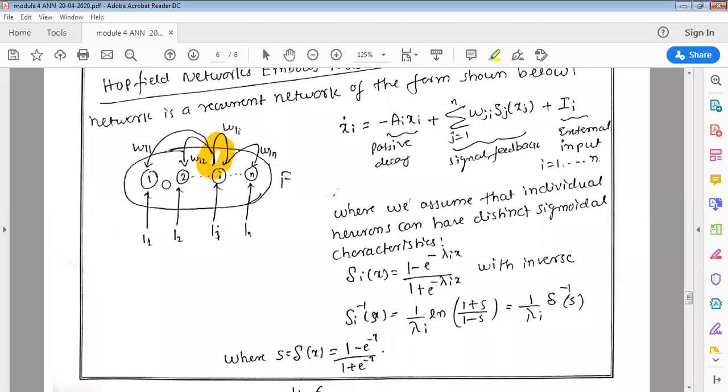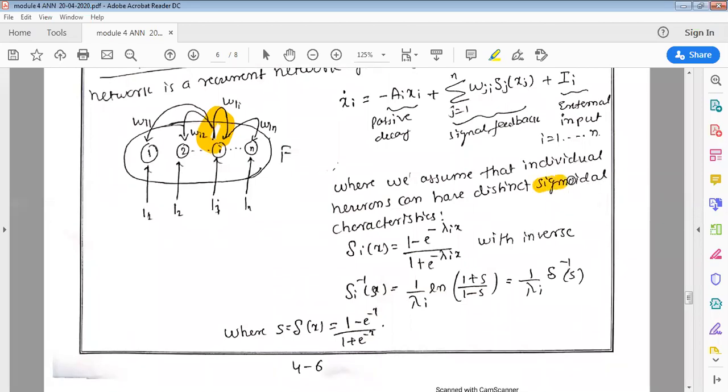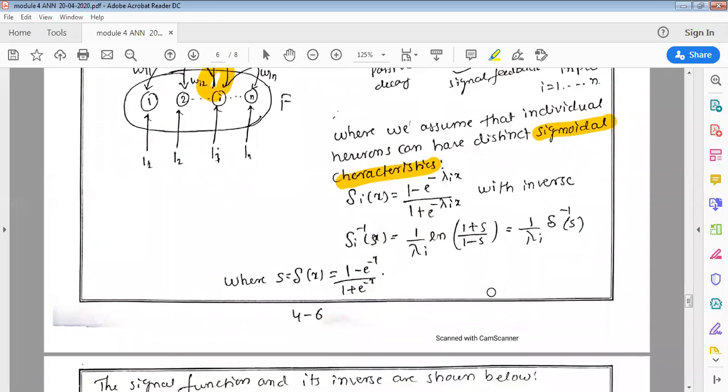The neurons you have, 1, 2, 3, 4, and so on up to n, are not linear neurons. They have sigmoidal characteristics. Any neuron with sigmoidal characteristics will have something like (1 minus e power minus lambda ix) divided by (1 plus e power minus lambda ix). This function is specifically chosen such that its inverse is 1 by lambda into ln of (1 plus s) by (1 minus s), where s is equal to (1 minus e power minus x) by (1 plus e power minus x).